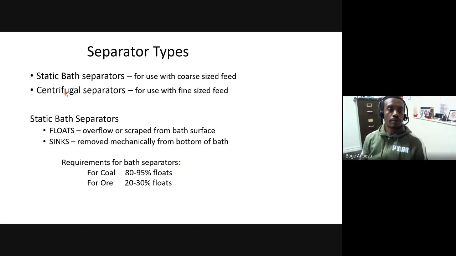Okay, so next I will talk about some of the common separators that we use for dense media separation. But before I do that, let's see if anyone has a question on what I've been saying so far.